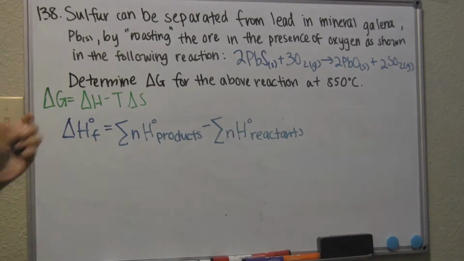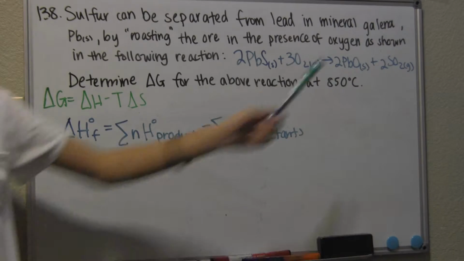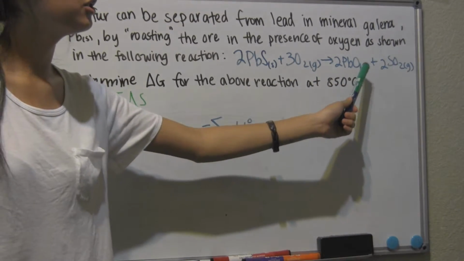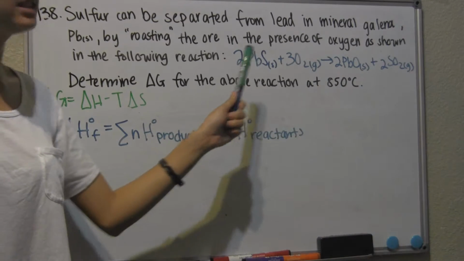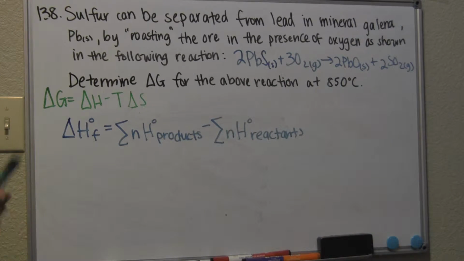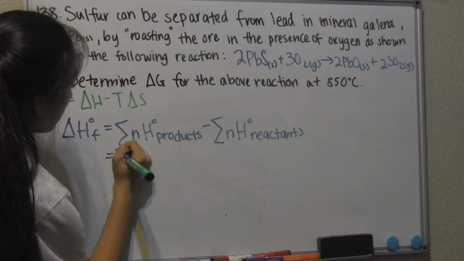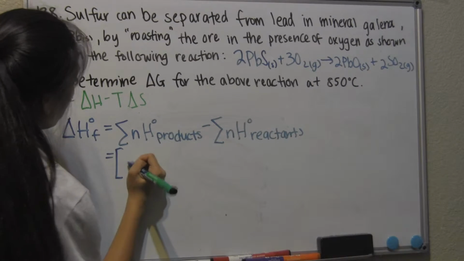So as you can see here, the 2 PbO and the 2 SO2 would be your products, and the 2 PbS and the 3 O2 would be your reactants.